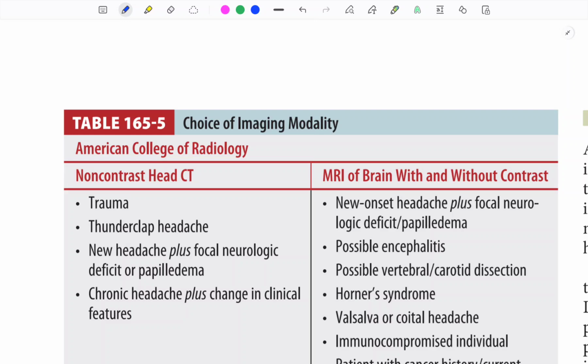And chronic headache plus change in clinical features means the patient has developed a new bleed. Maybe he was on anticoagulants or DAPT and now he has developed a bleed. So in all these situations we will use CT.